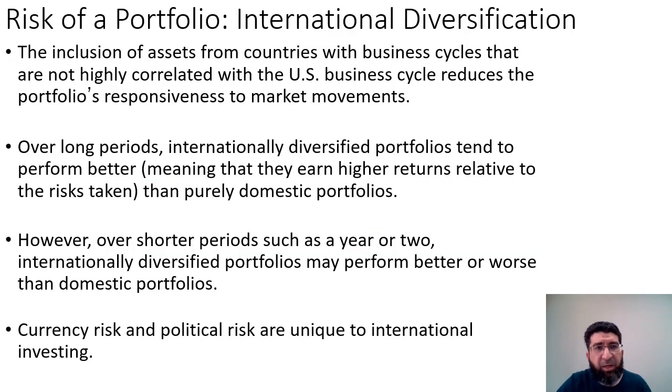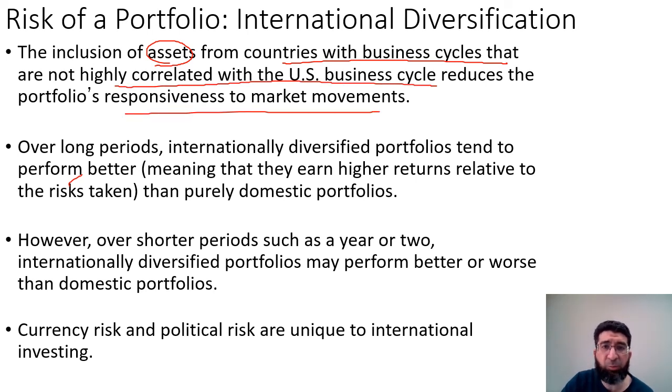The same idea applies to stocks. Stocks or assets from other countries with business cycles that are not highly correlated with the US business cycle reduce the portfolio's responsiveness to market movements. So it means if a shock comes and a stock falls, the entire portfolio will not fall in value as much as if the entire investment was made in a single asset.